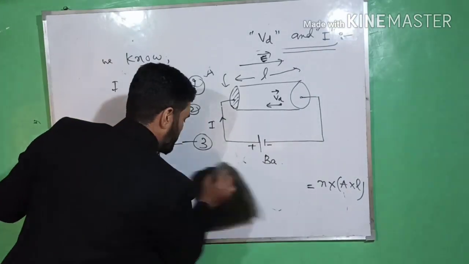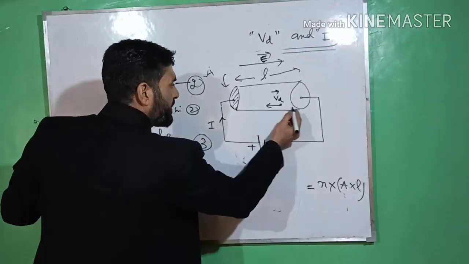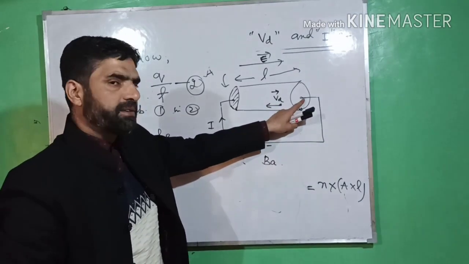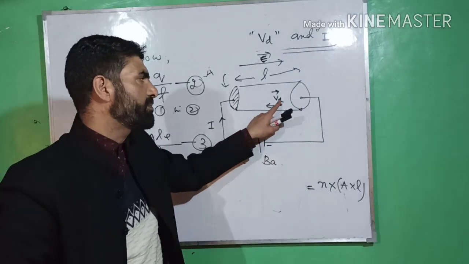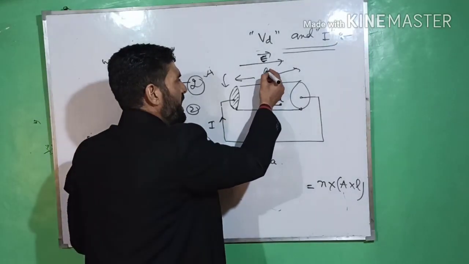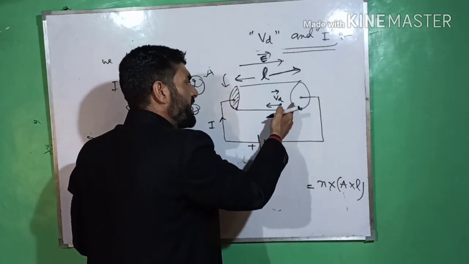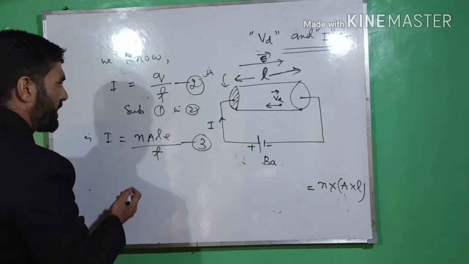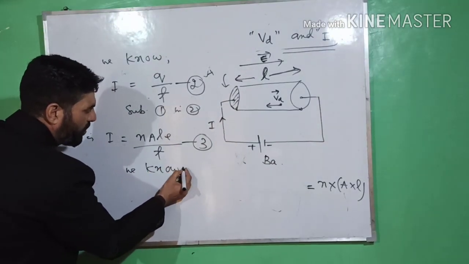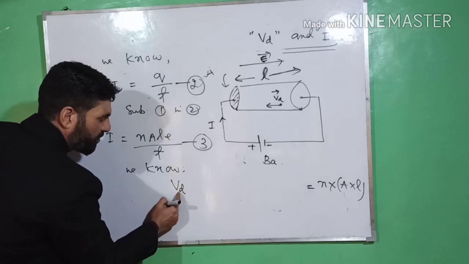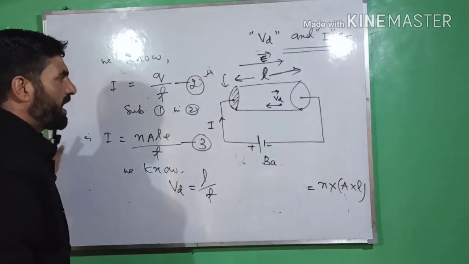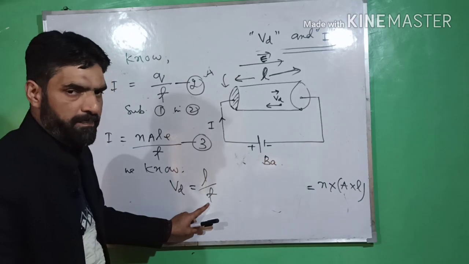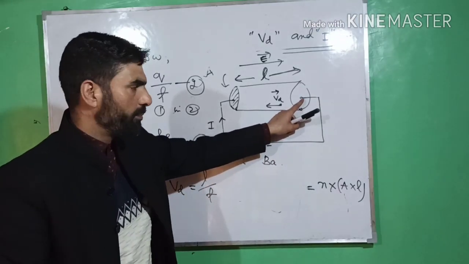Now again see, my dear students. If I am assuming that the electrons are moving from this end to this end with the drift velocity of Vd, and L is the length of the conductor, then the time taken by the electron to move from this end to this end is given by the drift velocity of electrons, Vd, which is equal to L by T, where L is the length of the conductor, that is distance or displacement, and T is the time taken by the electron to move from this end to this end.